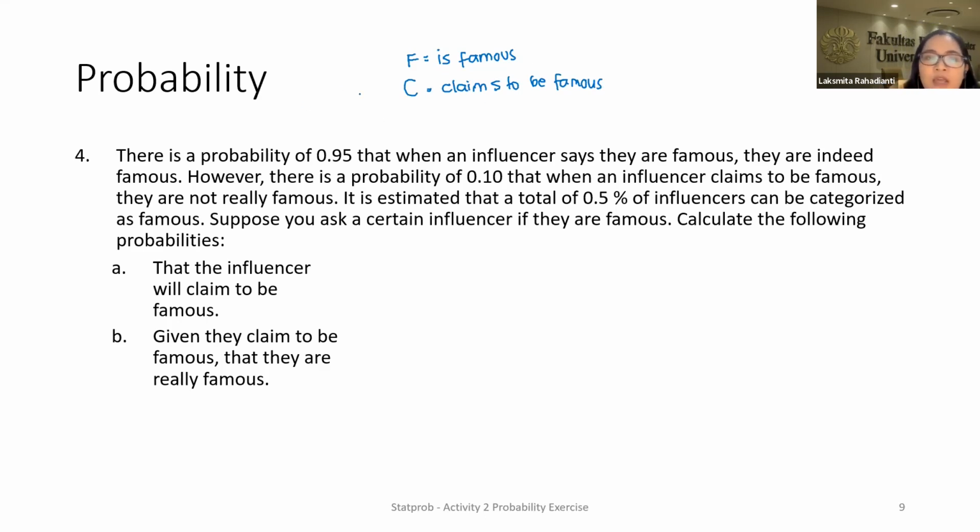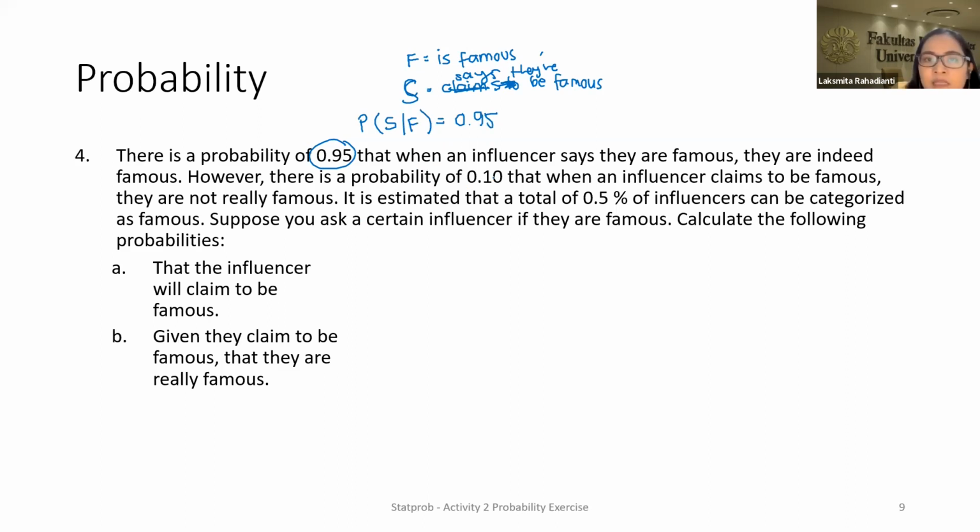So let's put together these numbers that we know. The first one, instead of what I wrote previously, this number here is the probability that the influencer says they're famous, given that they are indeed famous, 0.9.